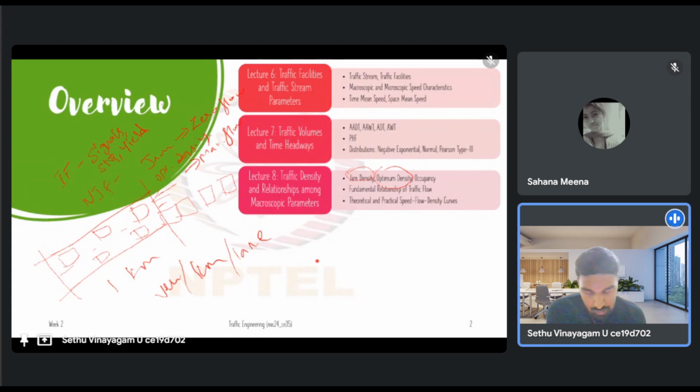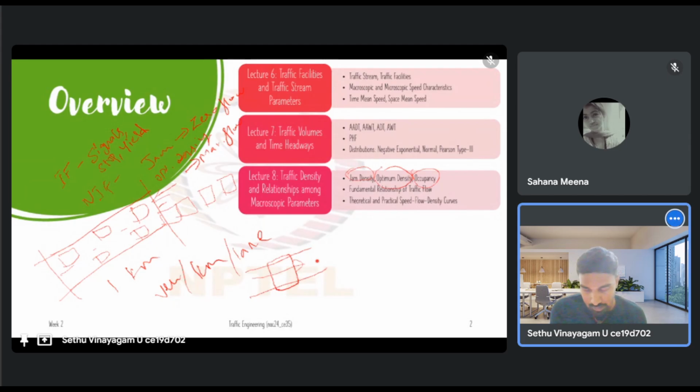And then we have another parameter called occupancy. So what is occupancy? You would have heard about loop detectors, right? So what do we use loop detectors for? Loop detectors are used for traffic counts, right? How many vehicles are crossing that particular location? So for flow estimation, we use the loop detector, but it can also be used for finding occupancy.